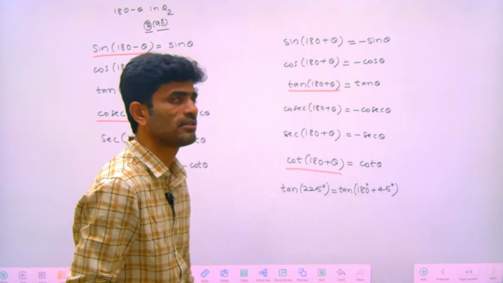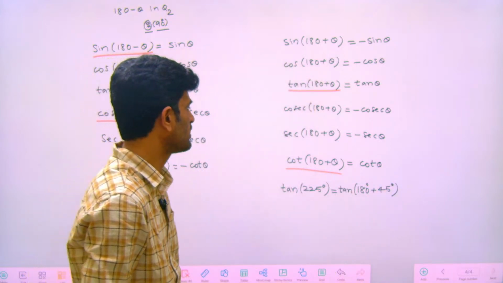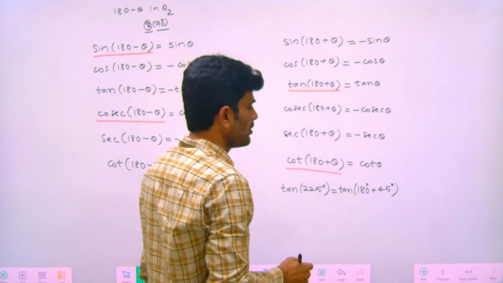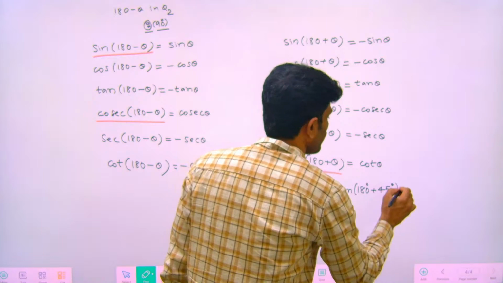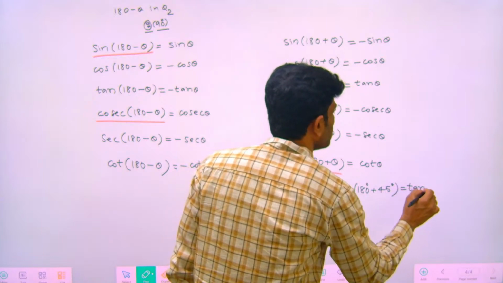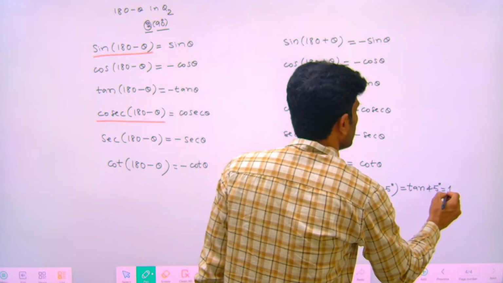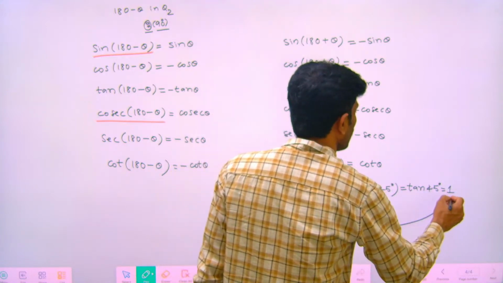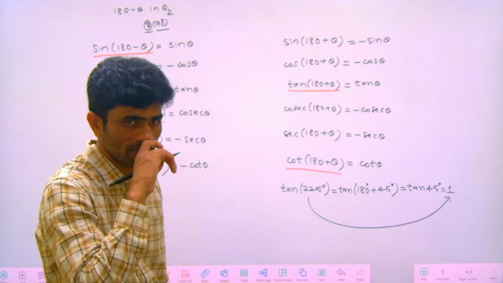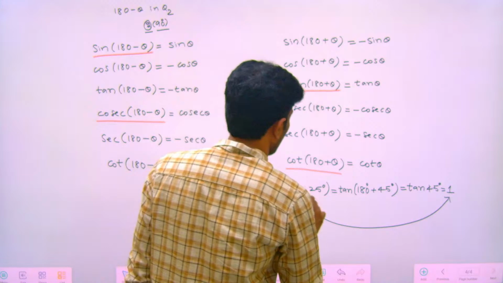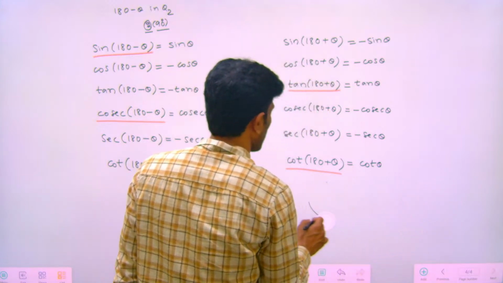Just now I told you tan of 180 plus theta is tan theta. So we can write it as tan 45. What is tan 45 degrees? 1. So tan 225 degrees is also 1. So we can find it like this. These are applications. Hope you all understood how this concept is useful.